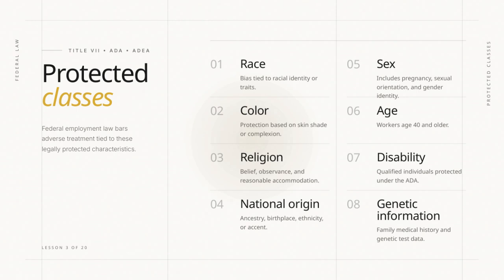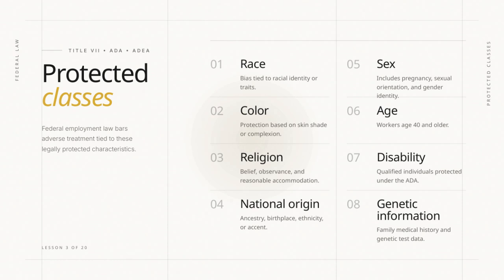National origin is another key category, covering aspects such as ancestry, birthplace, ethnicity, or even accent. Sex discrimination includes protection against biases related to pregnancy, sexual orientation, and gender identity, reflecting a broad and inclusive understanding of this category. Age protections apply specifically to workers who are 40 years old and above, ensuring they are not unfairly treated due to their age.